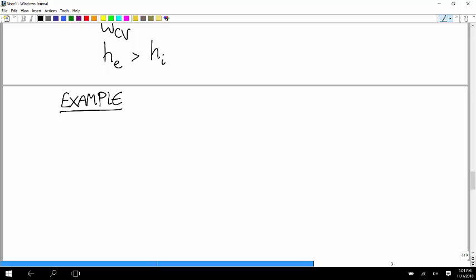Okay, so let's say that we have a pump. I just got these numbers imagining the pump that I have in my garage, and how much mass flow there is for that.